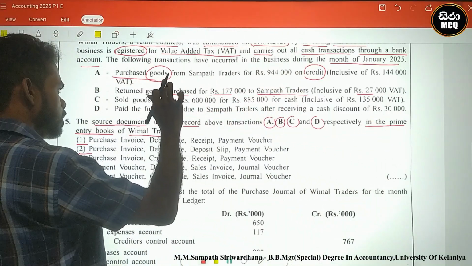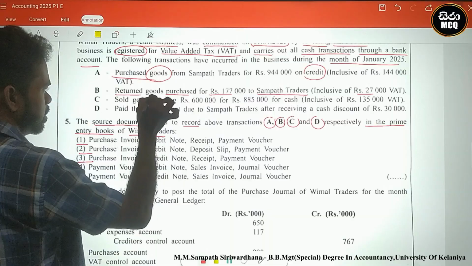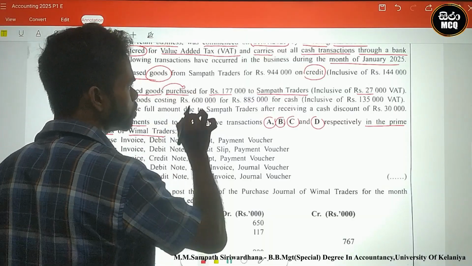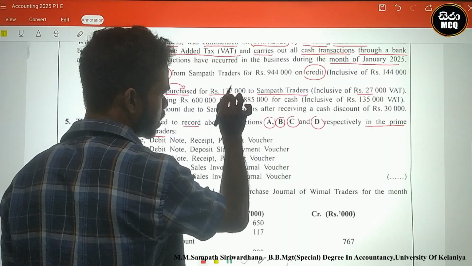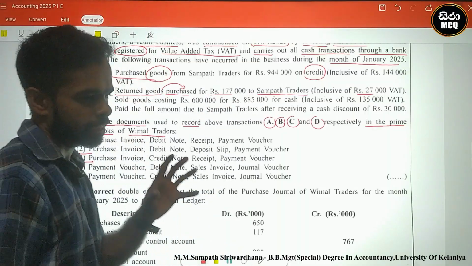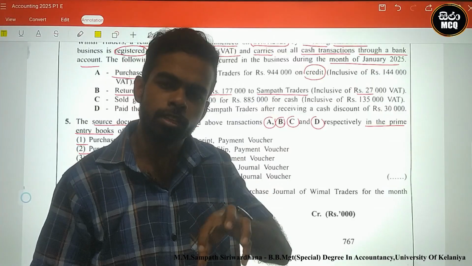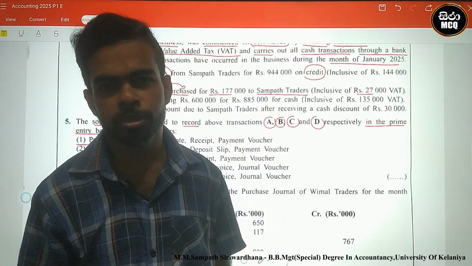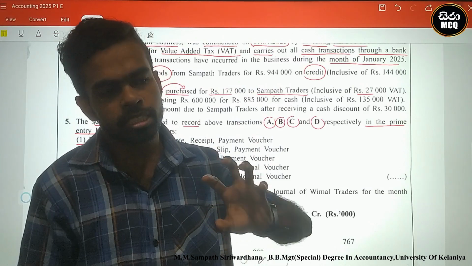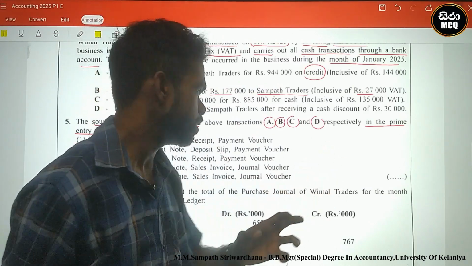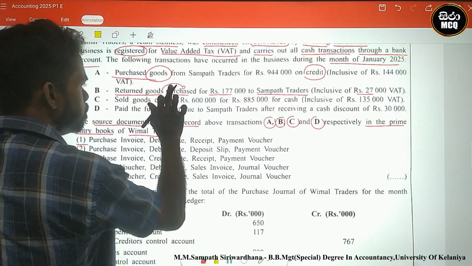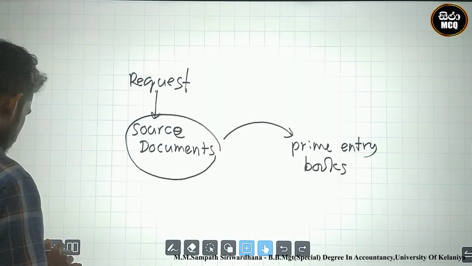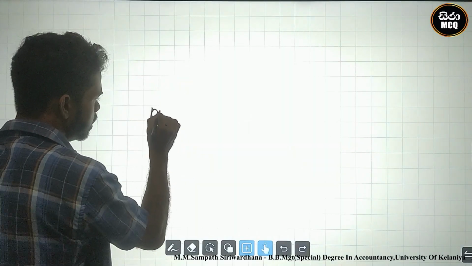Is this a return inward or a return outward? There is a purchase return, no? Purchase return means return outward. Look here, goods purchased were returned. This is the purchase return.